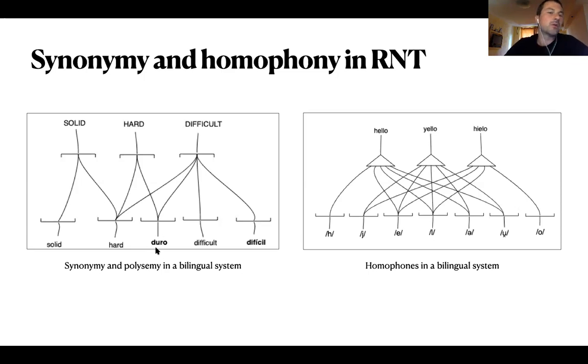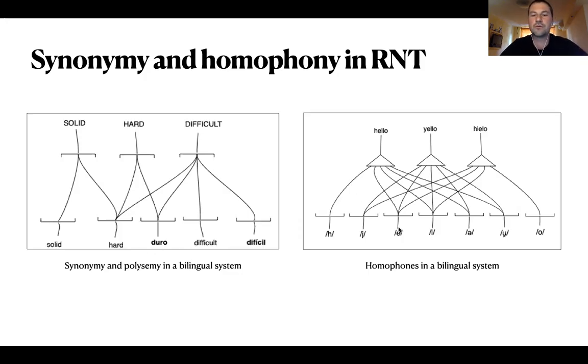So from a relational, neurocognitive point of view, difficult and duro could be seen as just synonyms in the same way that difficult and hard are. Again, I'm not necessarily implying that we should call translational equivalents synonyms, but from a neurocognitive point of view, the mechanisms and the type of wiring that goes on within the system should be the same.